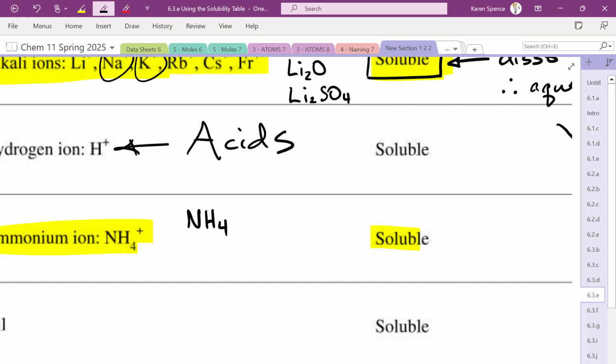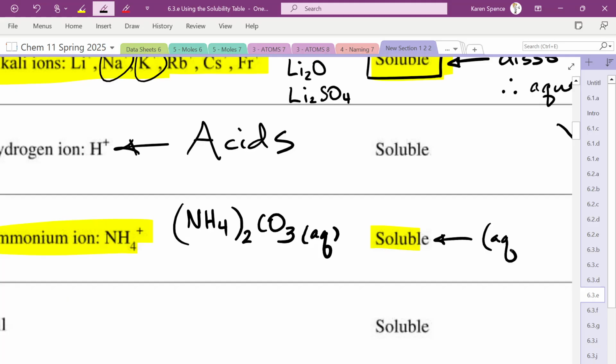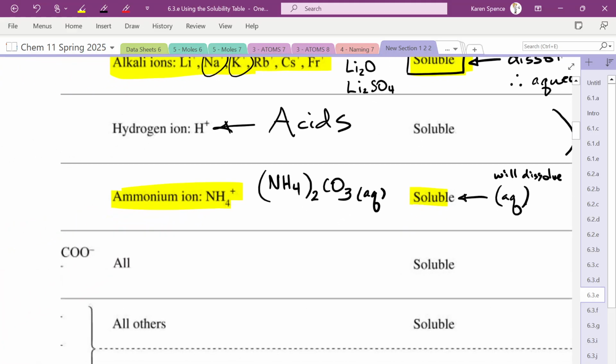Ammonium carbonate? It will be aqueous because all of them are soluble. And remember, soluble means it will dissolve, which means it is aqueous.